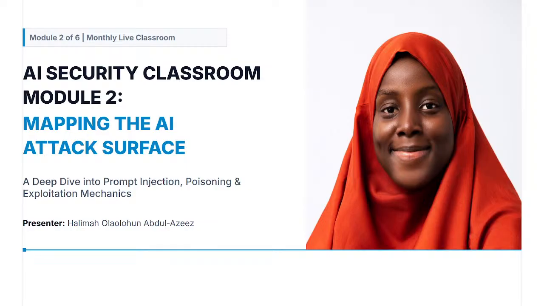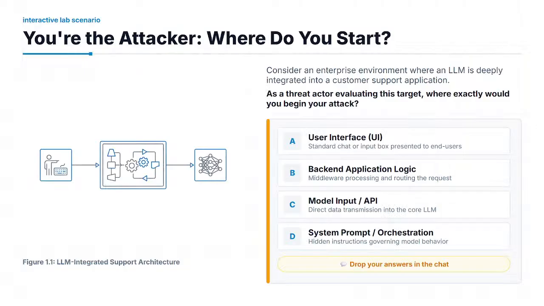Okay, so we are waiting for more people to join in. So while we wait, let's quickly ponder on this, our very first interactive lab scenario, before we even start with what we have today.